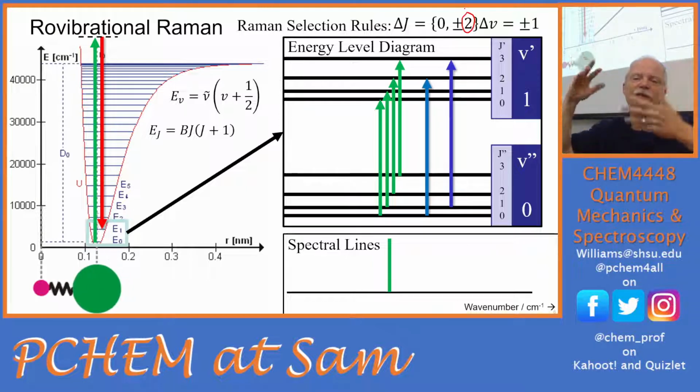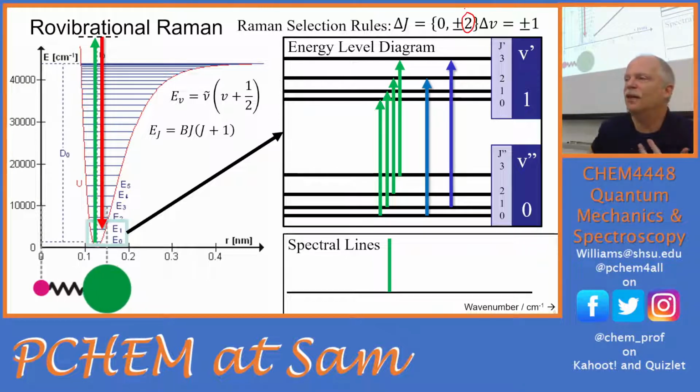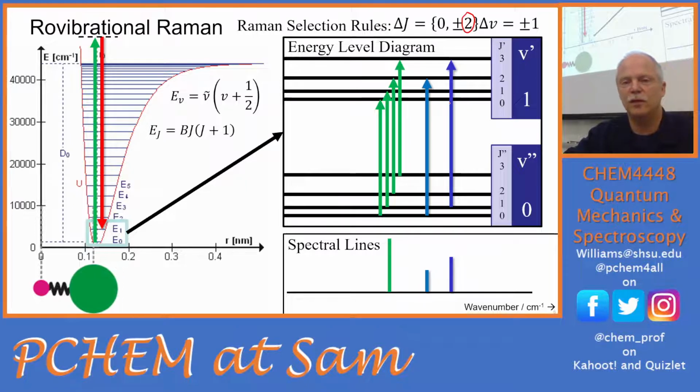Because I've only included 4 rotational levels, I can't draw any more on my energy level diagram. But there are lots more rotational levels, so those would show up here and here. Notice the spacing is quite a bit different here, because we're jumping by much more. We have more difference than in the absorption spectrum, because our delta J's are plus or minus 2 instead of plus or minus 1.